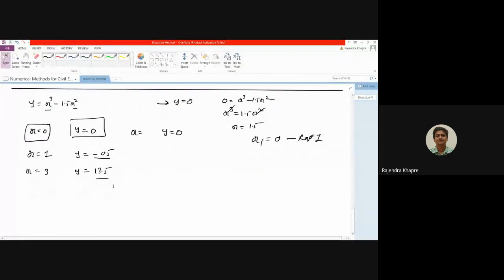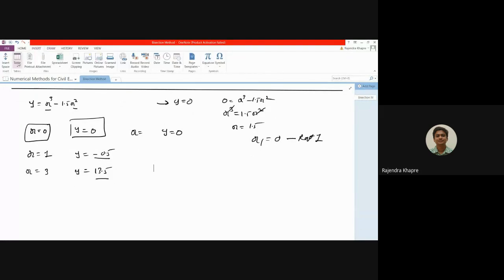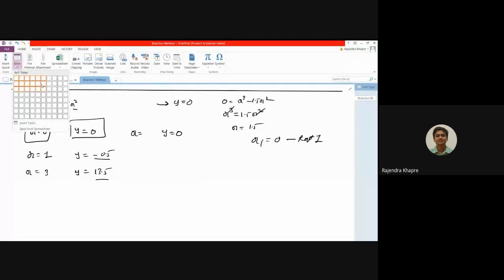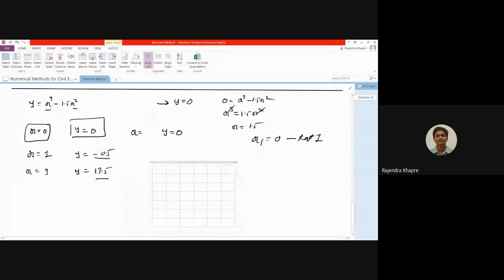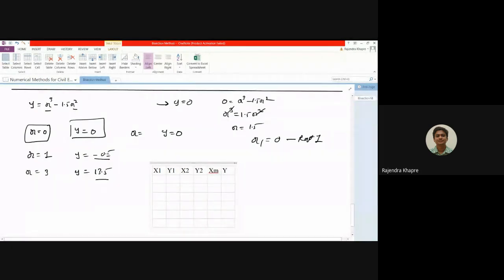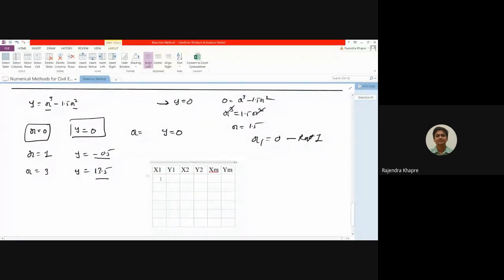So in place of drawing the figure, we can directly insert a simple table. Here we can have x1, y1, x2, y2, xm, and ym. I'm directly putting down the values: x1 is 1, y1 is negative 0.5, x2 is 3, and y2 is positive 13.5.